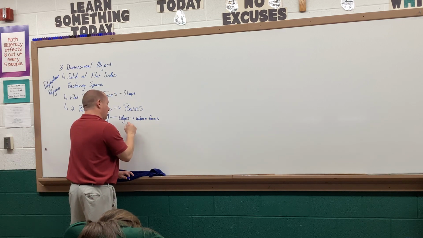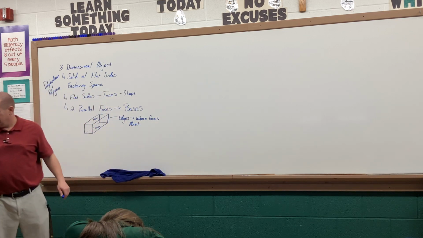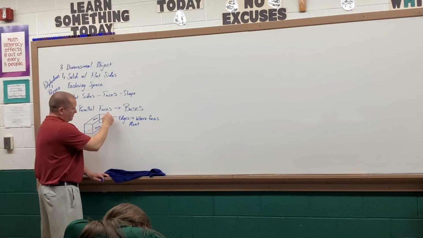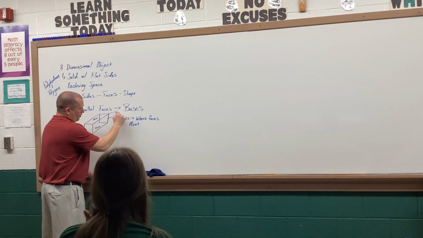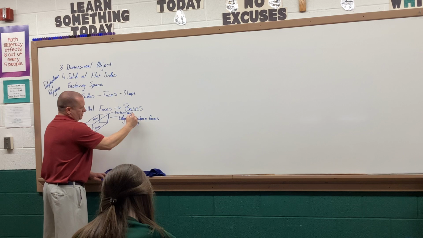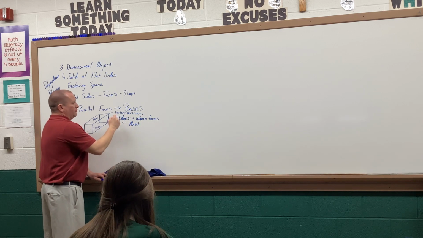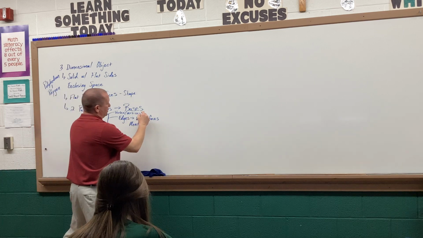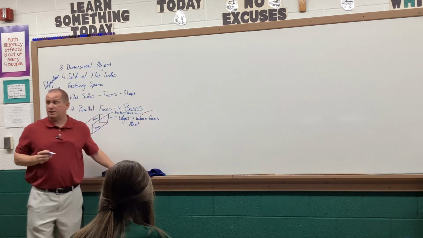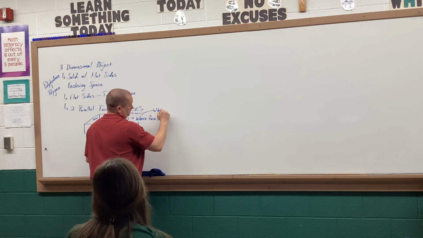And then all of my edges come together at a vertex or vertices. When we say vertices, we're just saying plural, right? So my vertices, how can we describe them? Where edges meet.